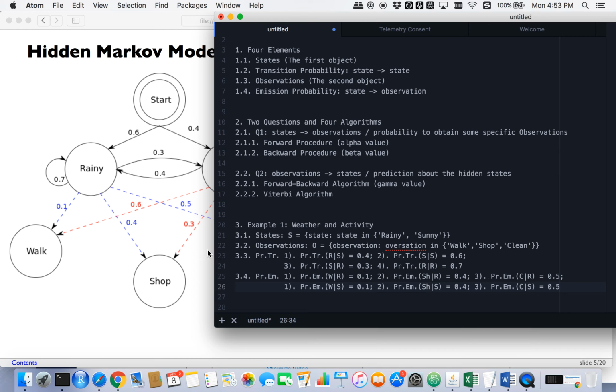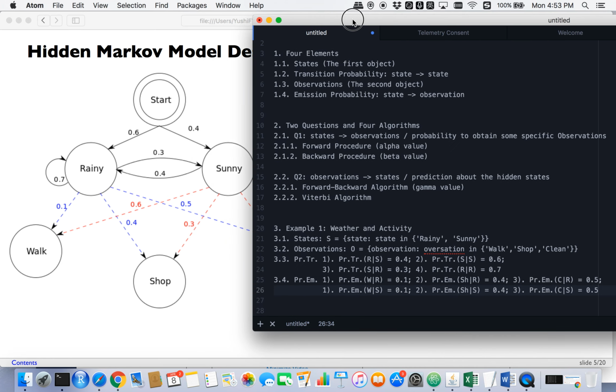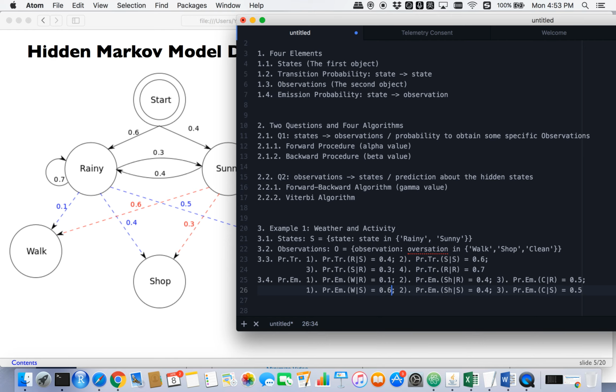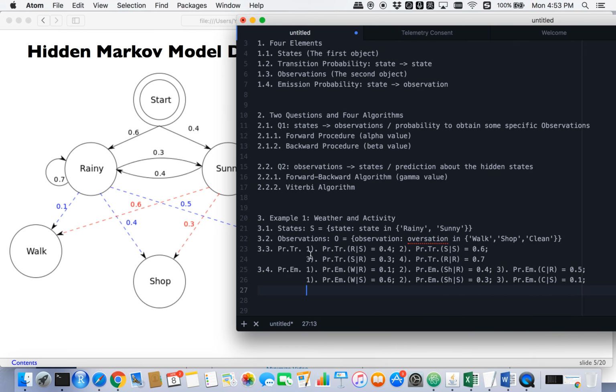And what should this one be? Given that this day is sunny, the chance of walking is 0.6. Given that the day is sunny, the chance of shopping is 0.3. And given that the day is sunny, the chance of cleaning is 0.1. Okay, cool. So that's the emission probability. So now you have all these 4 elements.